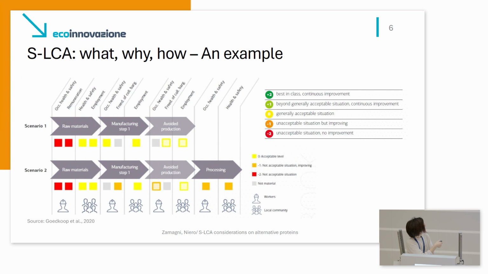And the green one, which is not present in these figures, means that we are performing better than the current situation. So it's a very simple way. This one is absolutely not quantitative, but it helps to understand where the problems are, which are the most relevant aspects we need to take into account. And this is the basis for defining improvement options.